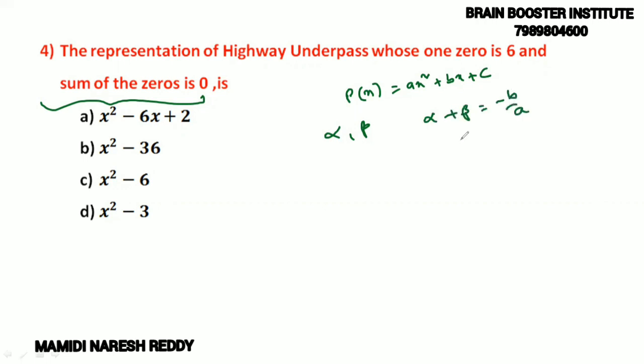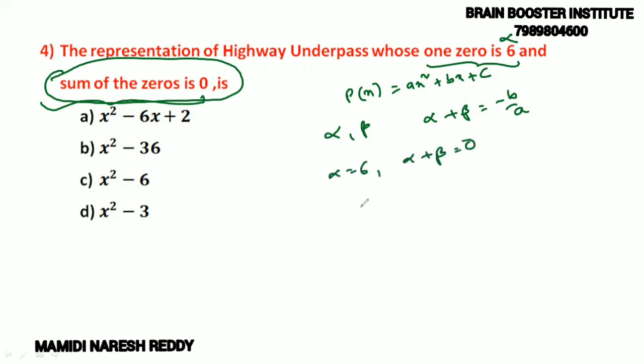But alpha plus beta is equal to 0 is given. And also one of the zeros, let us assume, has been taken as alpha. Now alpha is equal to 6 and alpha plus beta is equal to 0. You get my point? Now, my dear students, to frame a quadratic polynomial we must know alpha into beta, children. As we know the alpha value, we can find the beta value by using this relation.